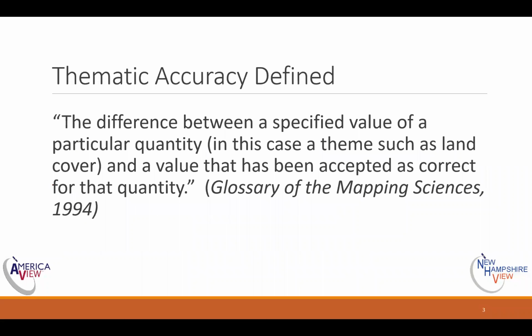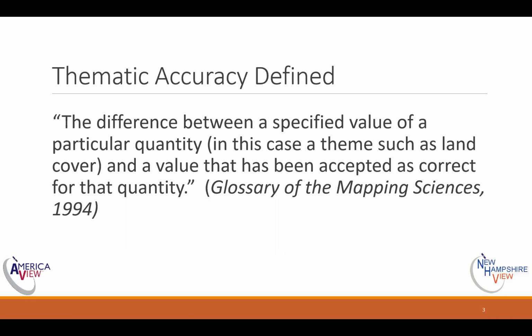So let's move on. So what is thematic accuracy? Again, the Glossary of Mapping Sciences, published by the American Society of Photogrammetry and Remote Sensing and others back in 1994, says it is the difference between a specified value of a particular quantity, in this case a theme or a land cover, right?